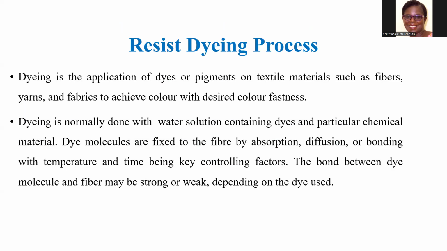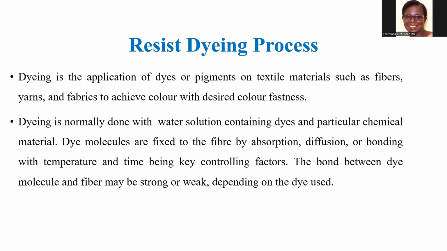Okay. So resist dyeing process. What is it? Dyeing is the application of dyes and pigments on textile materials such as fibers, yarns, and fabrics to achieve color with desired color fastness. Dyeing is normally done with a water solution containing dyes and particular chemical materials. Dye molecules are fixed to the fiber by absorption.